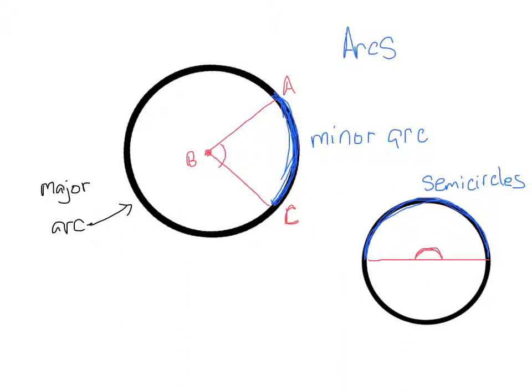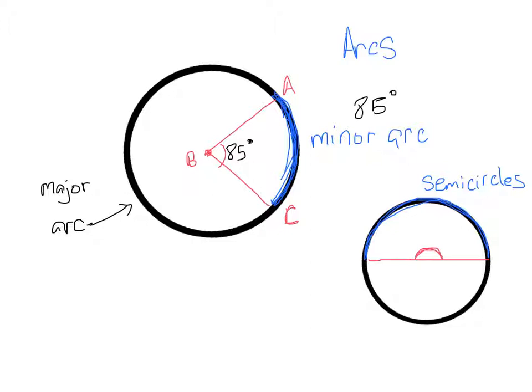All right, so here's the tricky thing, though. An arc measure is the same measurement as its central angle. So for example, if this angle here was 85 degrees, then the measure of that minor arc is also 85 degrees.